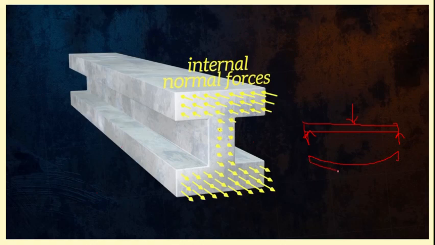If it bends in this way, then considering the mid axis here, above the mid axis this portion is under compression, and below the mid axis or neutral axis this zone is in tension. This zone is in tension, this zone is in compression. Here it is shown.